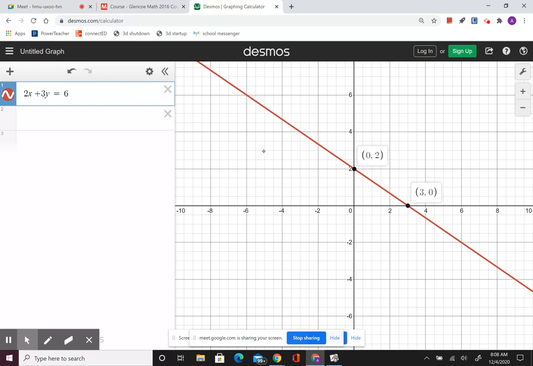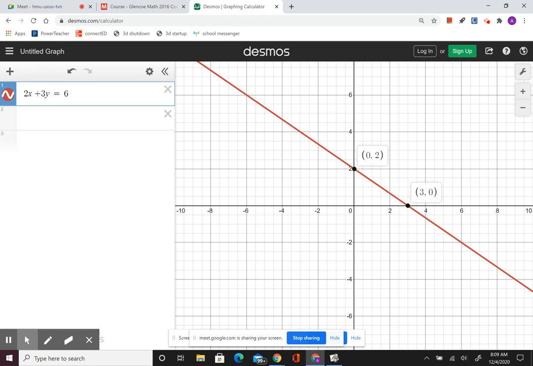So it can help you figure out your intercepts. You can also use this for your rise and your run. So I'm rising -2 units and running over 3 units. So I have a slope of -2/3. Okay. So it's just a matter of getting in there and typing in the equation just the way you see it.